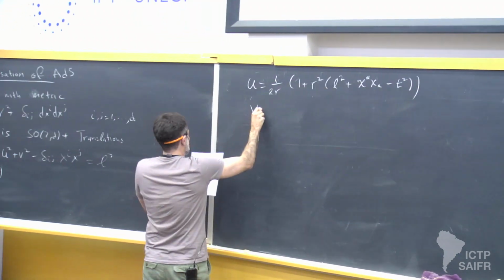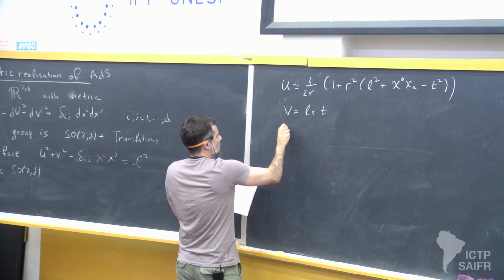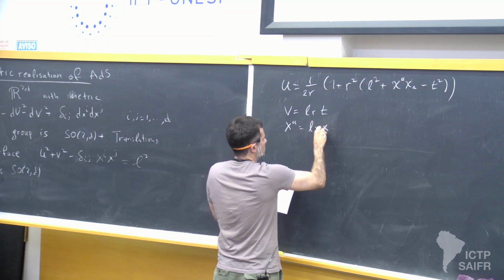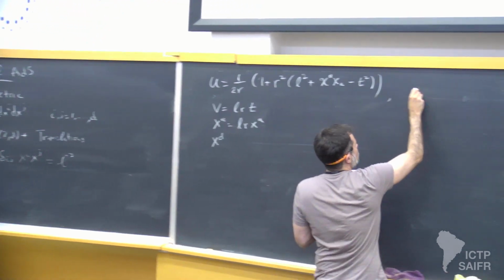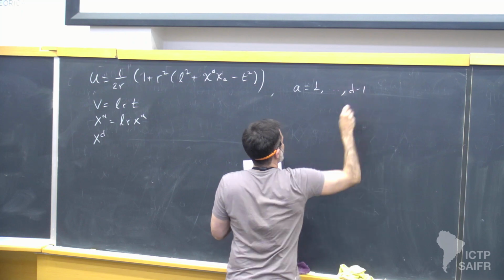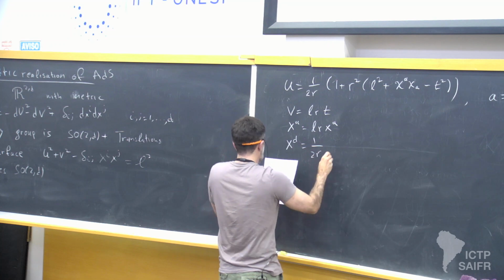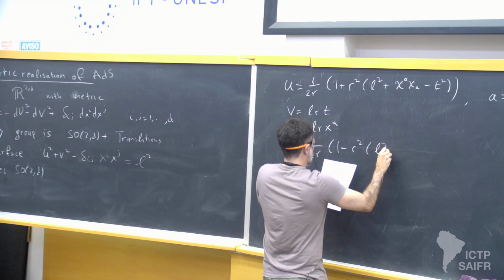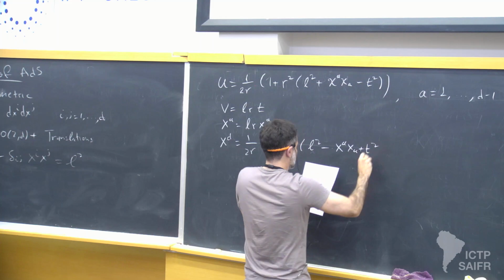You can take v to be L r t, and x^a to be L r x^a, where a runs from 1 up to d minus 1. And then x^d will be 1 over 2r times (1 minus r squared, L squared minus x^a squared plus t squared).